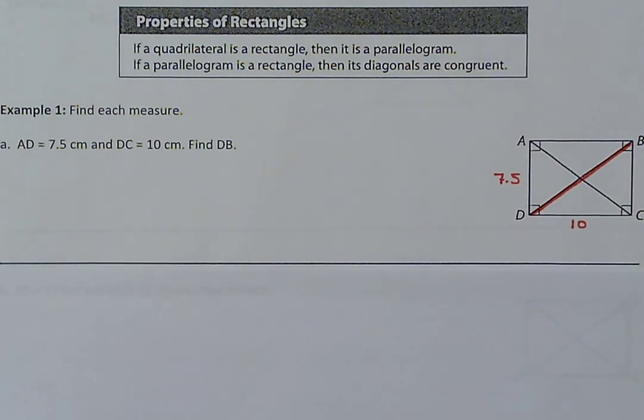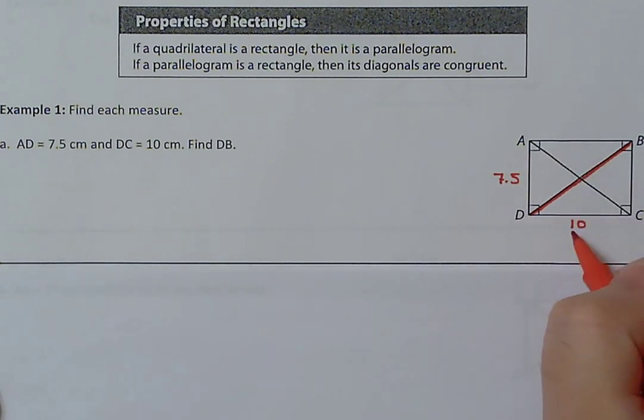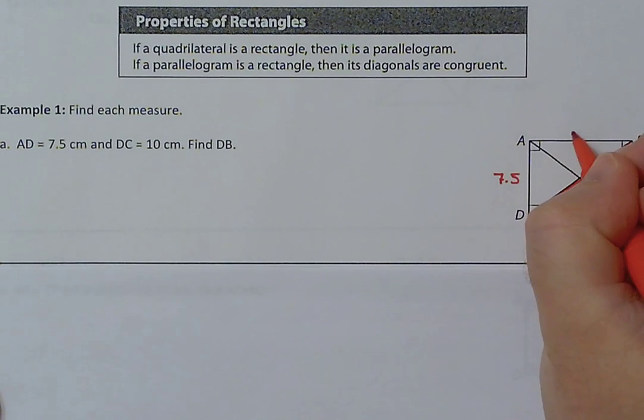Now, a few things to know. We already know that all the angles are 90 degrees, so opposite angles are congruent, and consecutive angles add up to be 180. So that's all taken care of. Now, we need to figure out with the diagonal what that measure is. Remember, with side lengths in a rectangle, opposite sides are congruent.